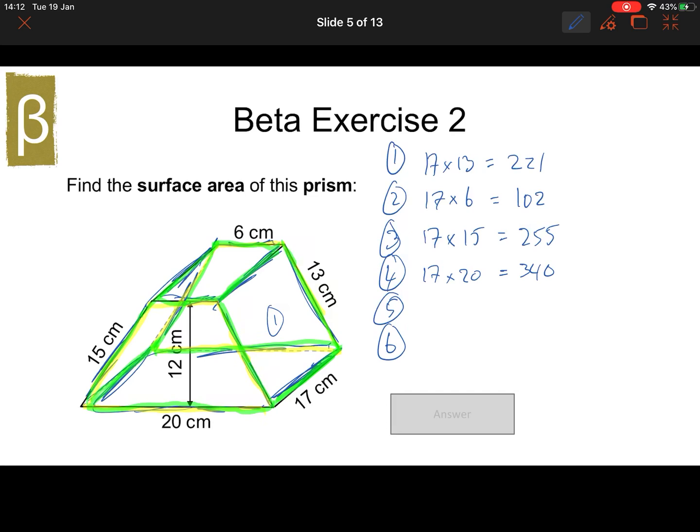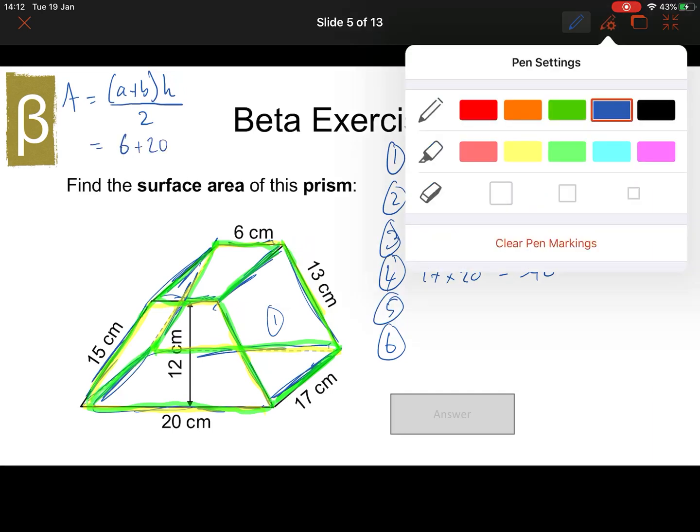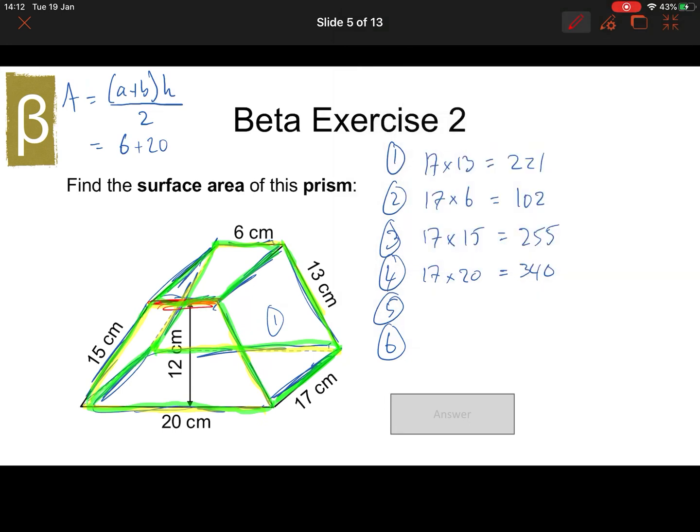Now what I've got to do is find the area of the 2 trapeziums. Well, remember the formula for the area of a trapezium. Area is equal to (A plus B) times height divided by 2, where A and B are the parallel sides. So that means we've got 6 plus 20. These are the parallel sides.